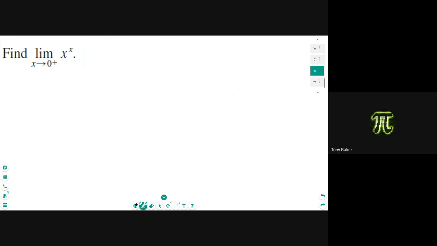All right, so what some of you tried is basically doing exactly what we did in the last problem.